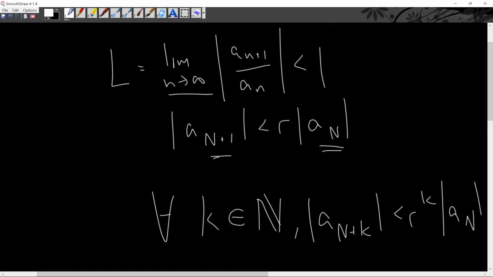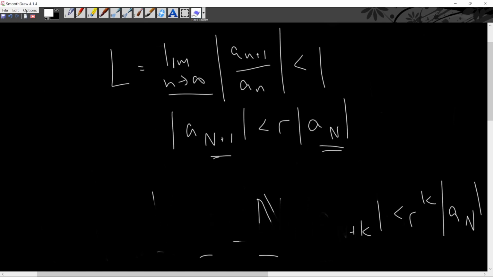I know this looks like gibberish, but the upside down A is for all. K is, again, the value that we said was arbitrary, something that we can add to n plus 1 just to facilitate this proof. And the fancy N is the set of natural numbers, and this sort of E thing just means in. So for all k in natural numbers, the n plus kth term is less than r to the k times a sub n.